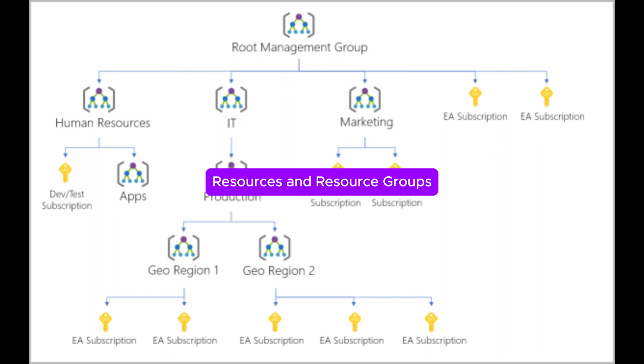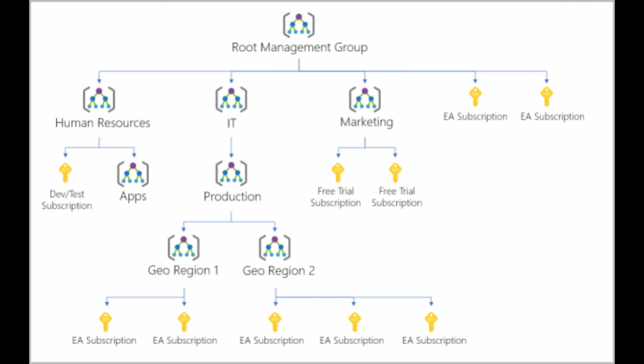So next is resources and resource groups. In this diagram you can see that I tried to explain it in a simple way. When you create a resource, you must place that resource in a resource group. First you have the management group, then the subscription.